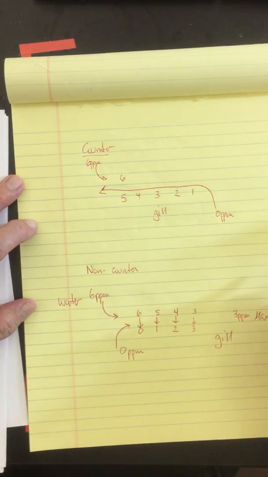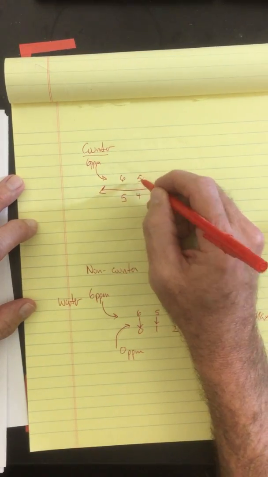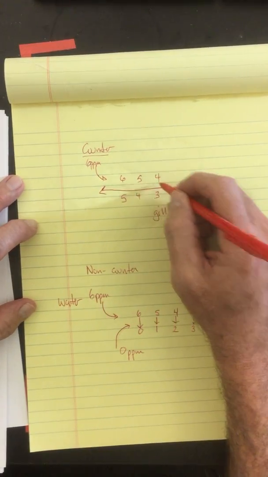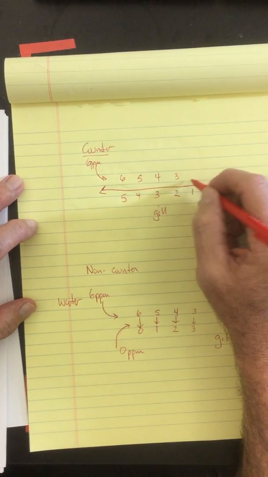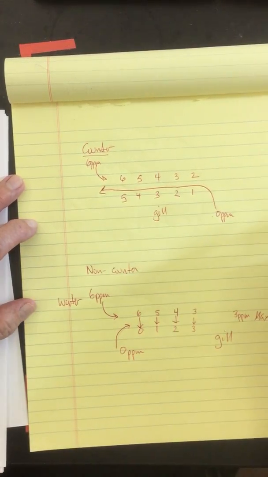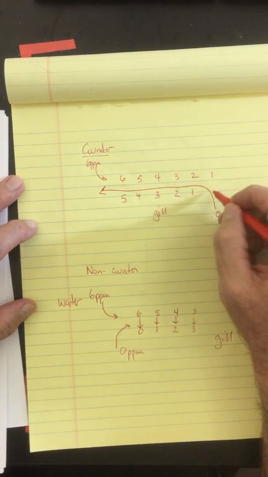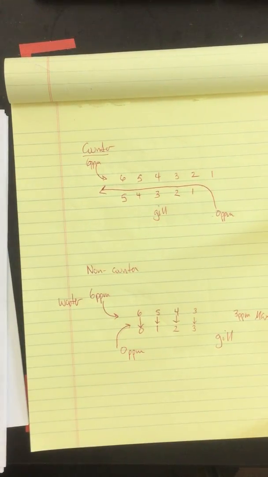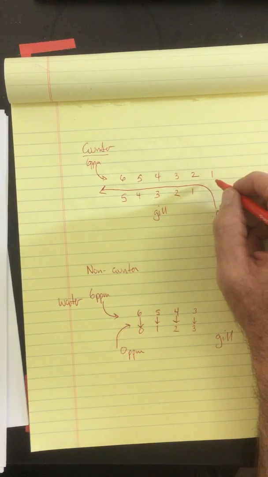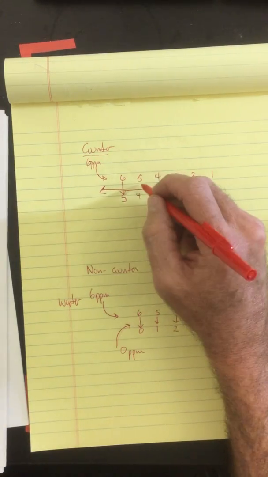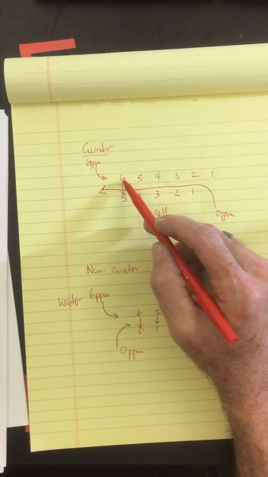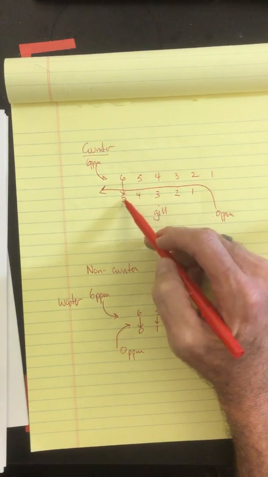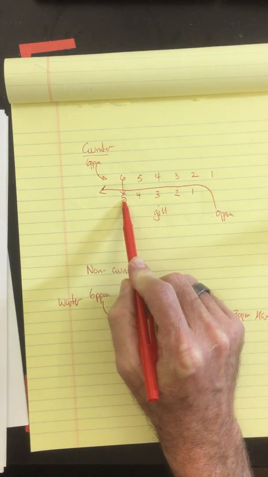It's going to be 6, it's going to lose 1, become 5, lose 1, become 4, lose 1, becoming 3, lose 1, becoming 2. Okay, it'll even lose 1 here. But you'll notice that the concentration of oxygen in the water is always higher than it is in the gill.